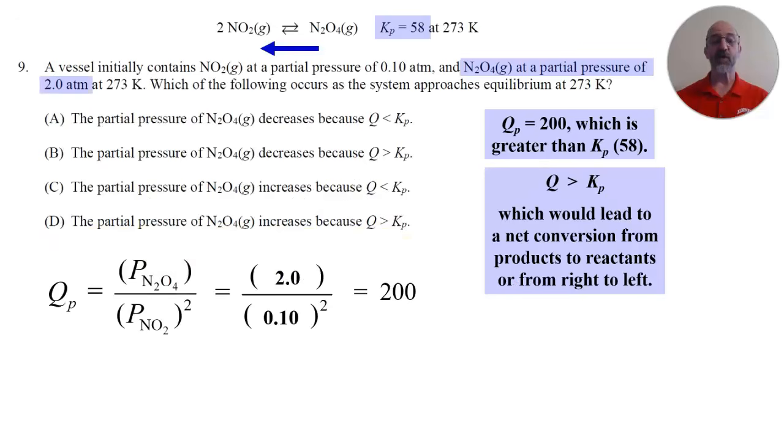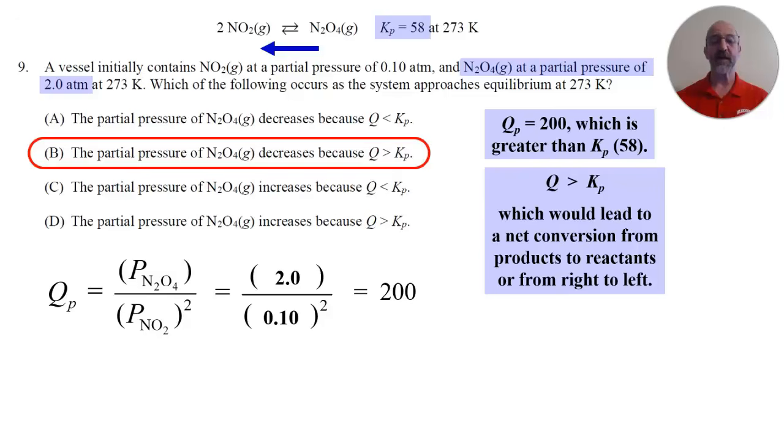So if we're going from right to left when Q is greater than K, then that means that the partial pressure of N2O4 will decrease. So the correct answer to question 9 is choice B. Because Q is greater than K, and there will be a net conversion from products to reactants or from right to left, the partial pressure of N2O4 decreases.